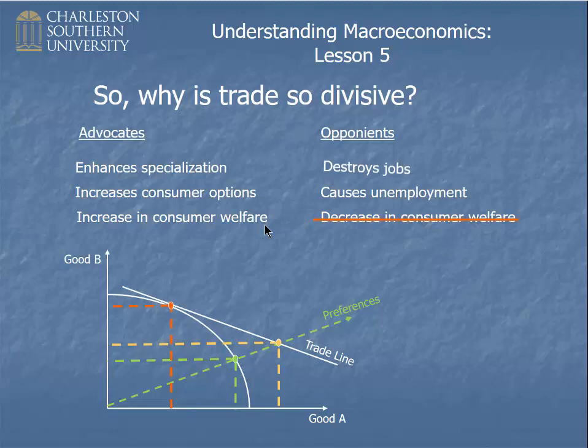Alright, so what about this idea of destroying jobs? Does trade destroy jobs? Well, yeah, it does. But a lot of things destroy jobs besides trade. Technological innovation destroys jobs. People change their preferences, that destroys jobs, and on it goes.